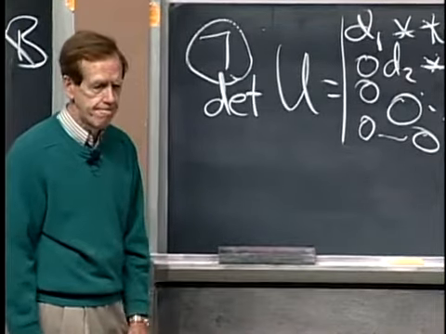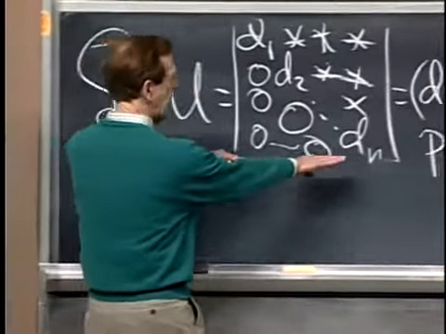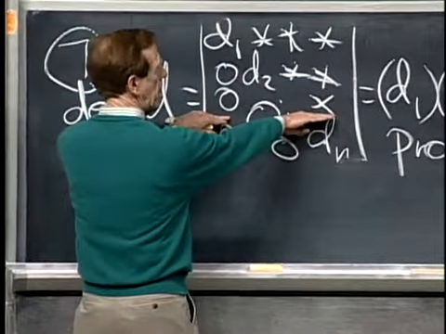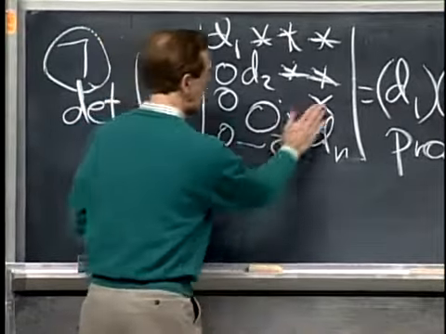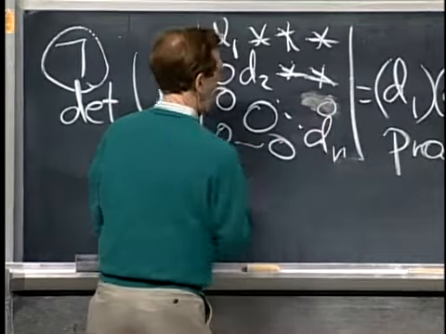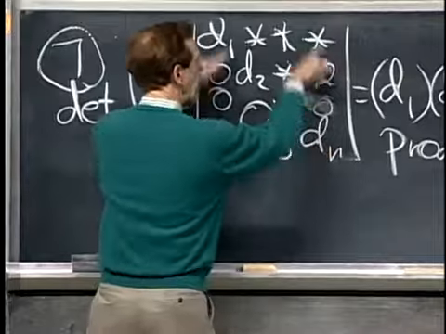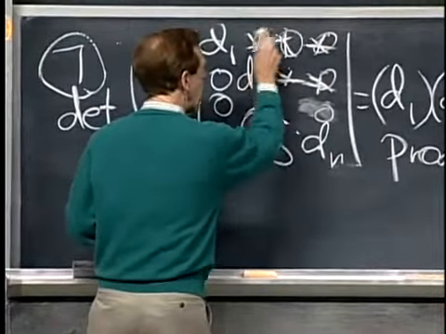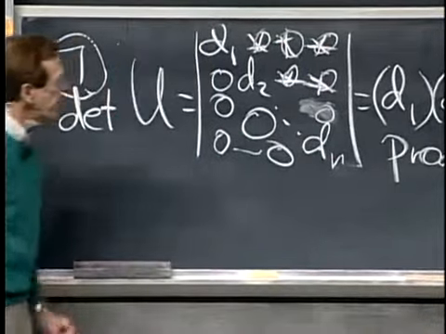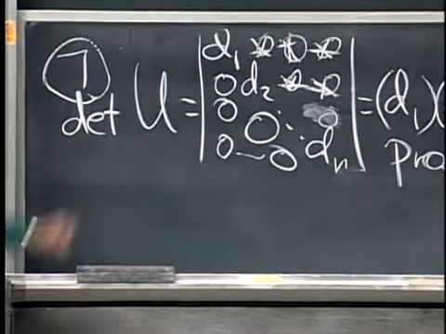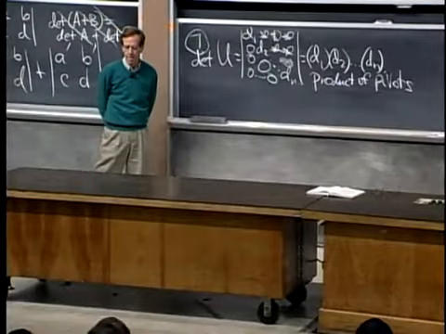By elimination, right? I just multiply this row by the right number, subtract from that row, kills that. I multiply this row by the right number, kills that. By the right number, kills that. I can kill every one of these off-diagonal terms, no problem, and I'm just left with the diagonal.